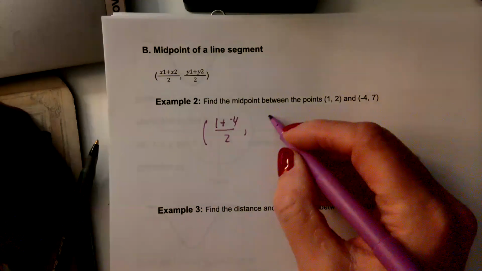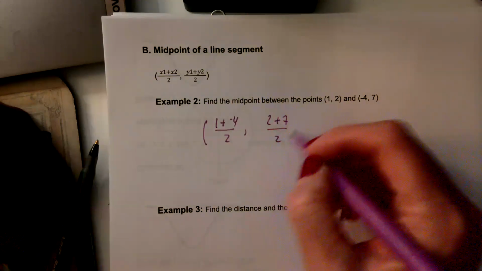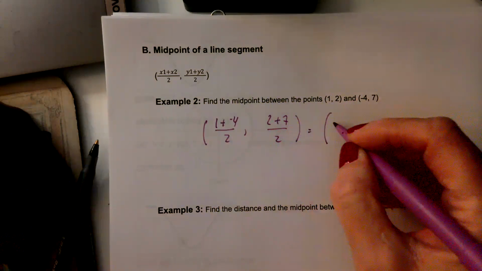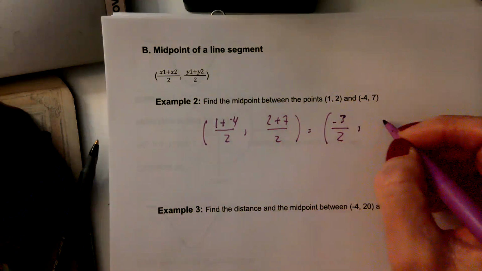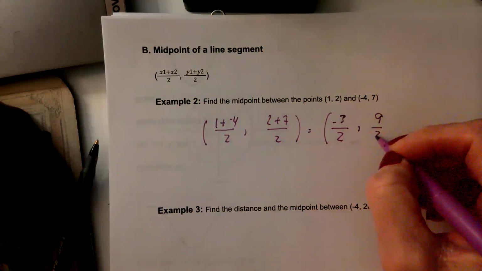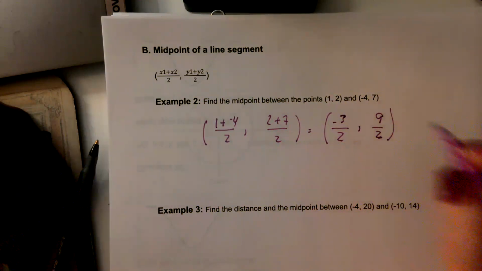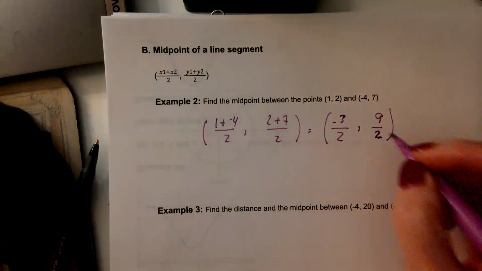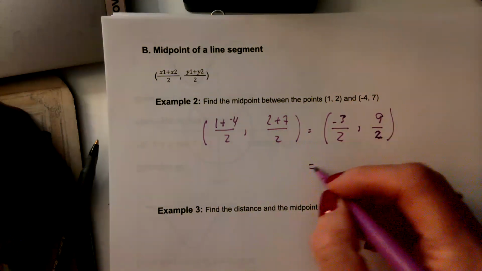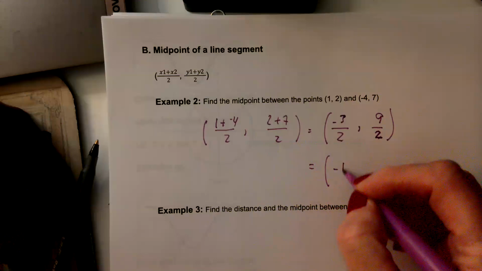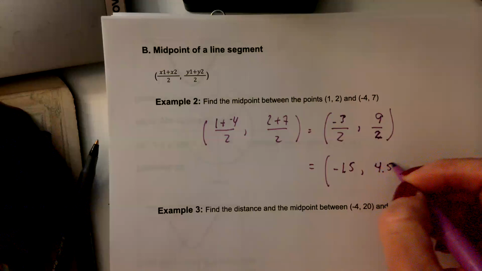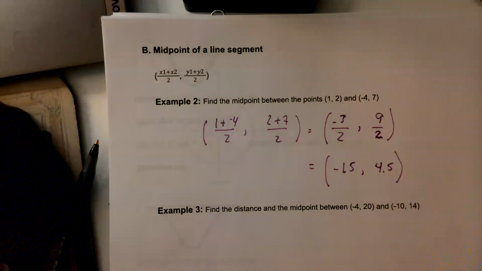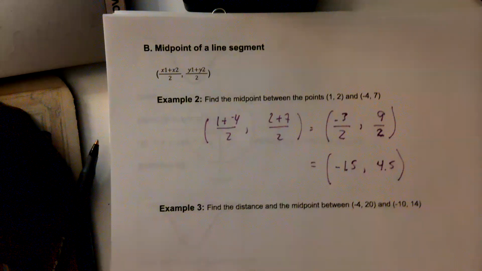And then 2 plus 7 divided by 2. So that becomes -3/2, comma, 9 divided by 2, which is the same as -1.5, comma, 4.5. Is the midpoint.